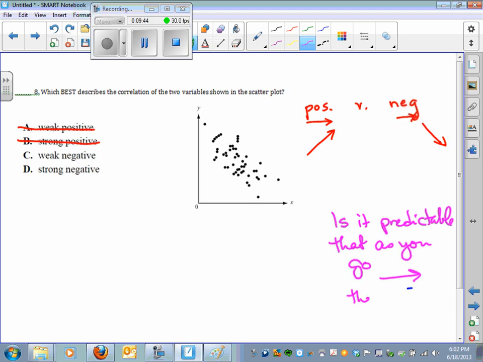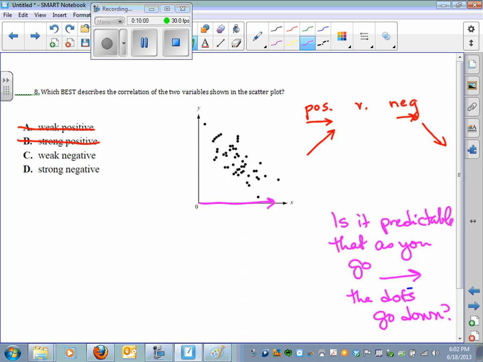In other words, are there any that don't? Is there anything that looks pretty random? Or as you go that way, are they all pretty much going down? If that's the case, then it's a predictable negative, which means it's a strong negative. And so the answer is D.